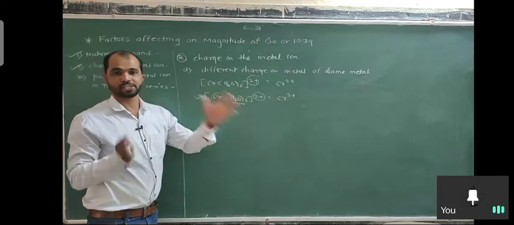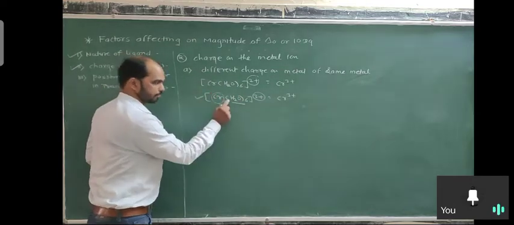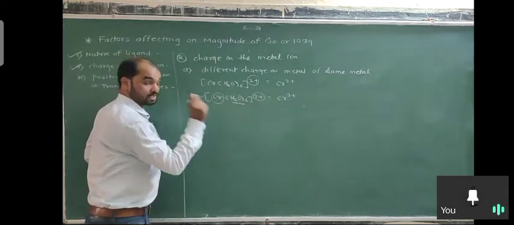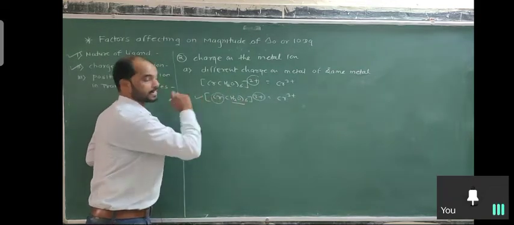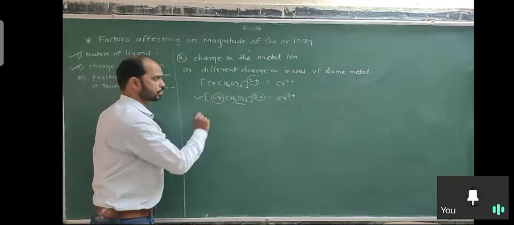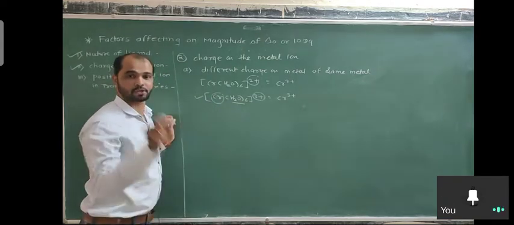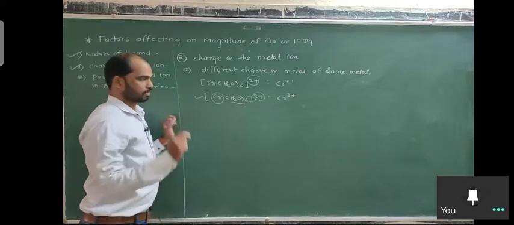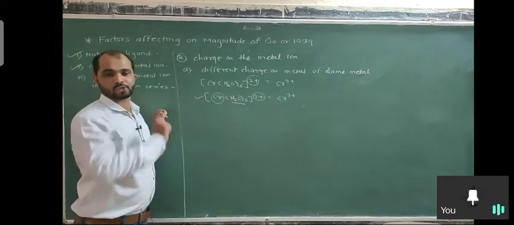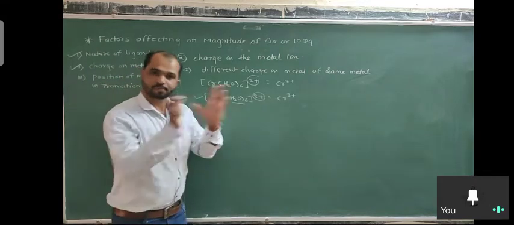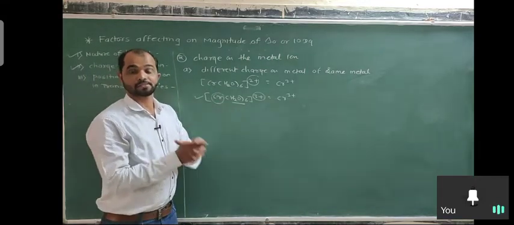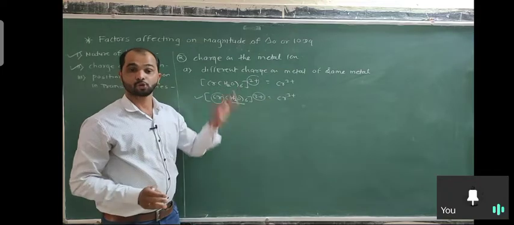higher splitting is observed, because in the second case, which is the higher oxidation state case, the ligands are more attracted. That's why there are more interactions, and to avoid more repulsion between the metal electrons and ligand electrons, the metal d orbital undergoes splitting, and the splitting is more effective as compared to the first one.